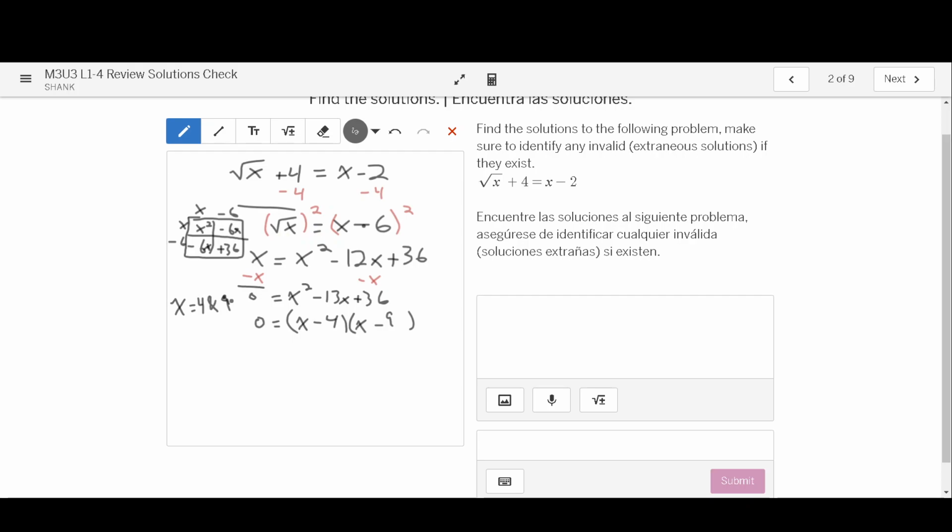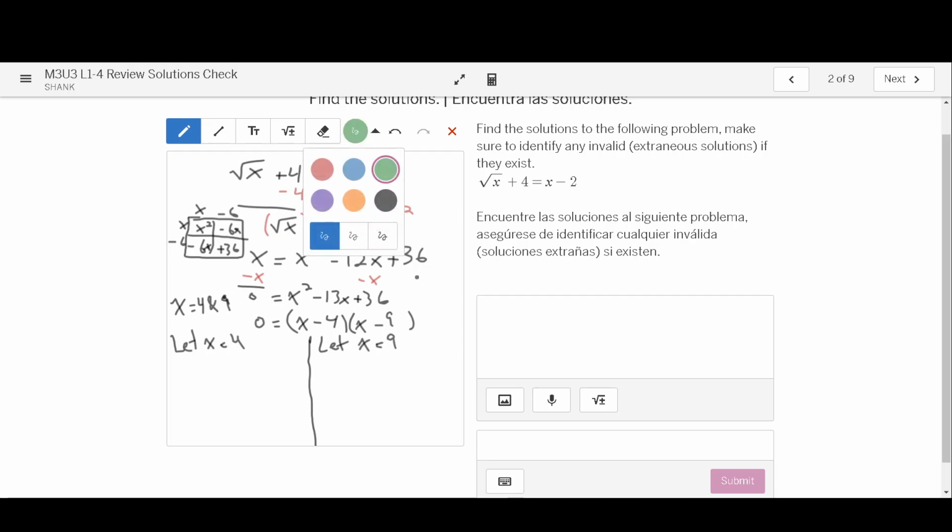But we talked about those extraneous solutions, meaning those solutions that do not work out. So now I have to sub them back into our original equation. I'm going to break this apart: let x equal 4, and let x equal 9. I plug them back into my original equation at the top, doing it 2 separate times.